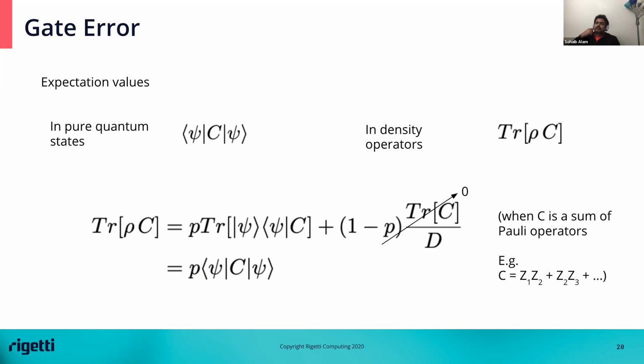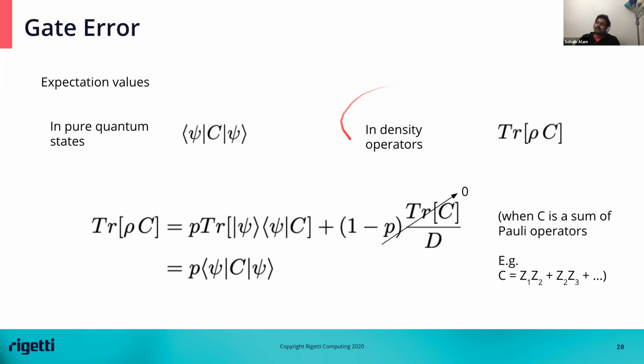So the story goes like this. When we have pure quantum states, we have these expectation values. Remember that these are the things that we are typically interested in calculating in, say, variational algorithms like QAOA and so forth. But really what we have access to in practice are these density operators.